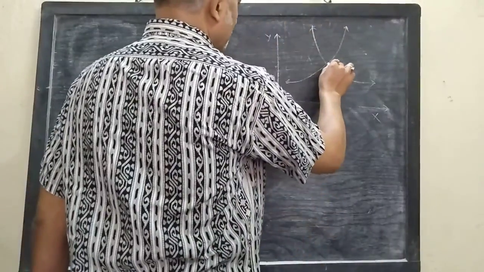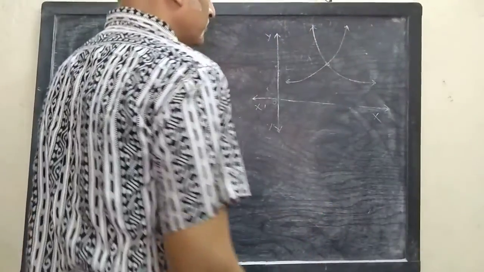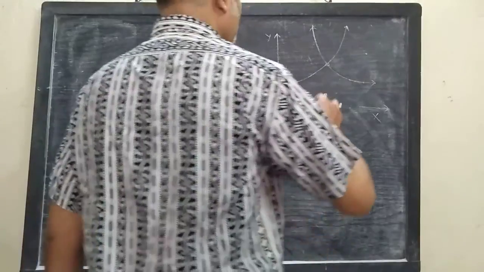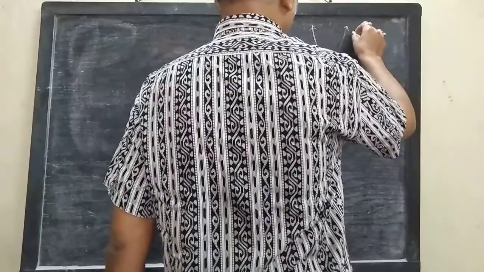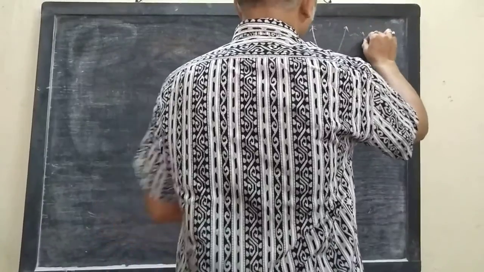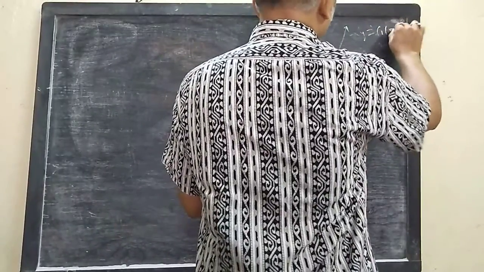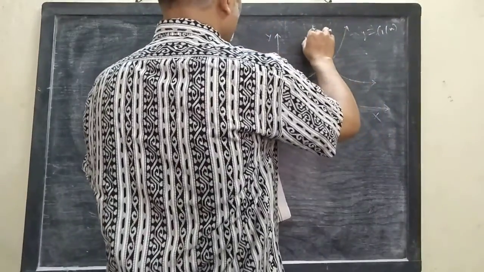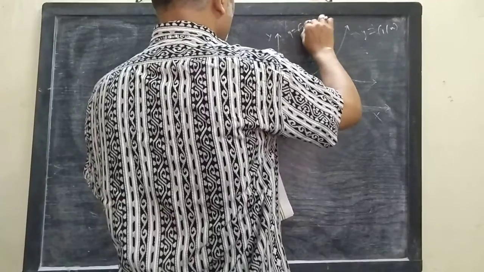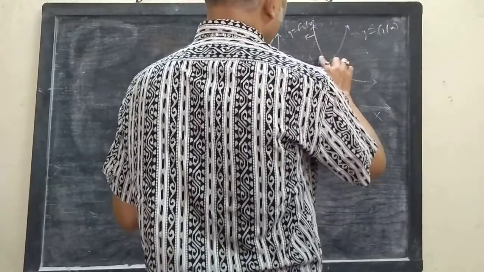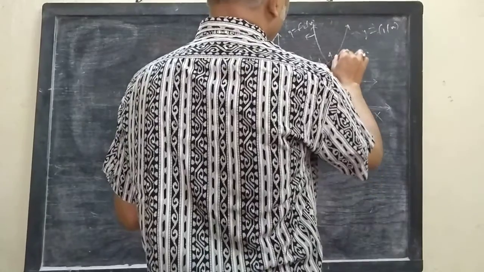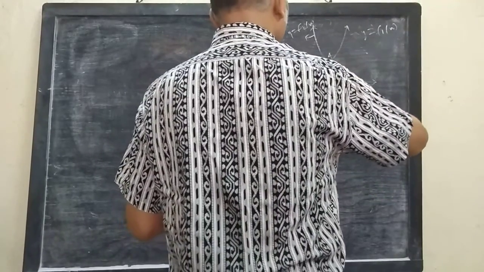Say they intersect at this point. Now let us draw a tangent. Suppose this curve is y equals f1(x) and this curve is y equals f2(x). Say this point A is their point of intersection.